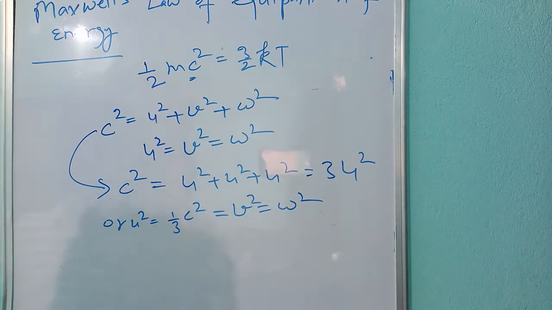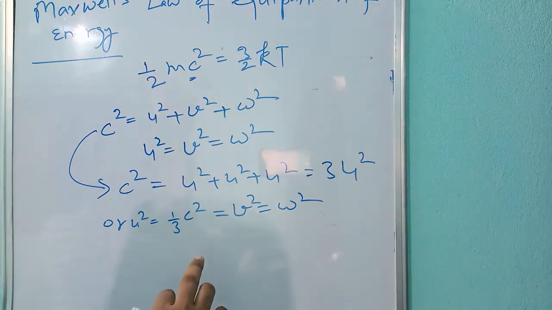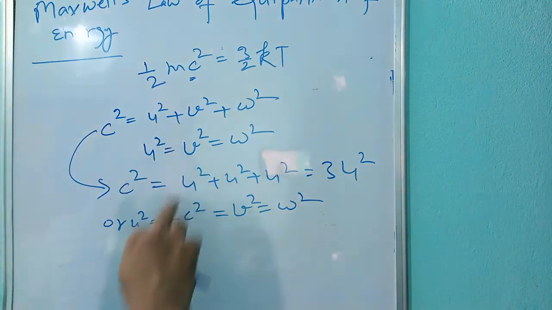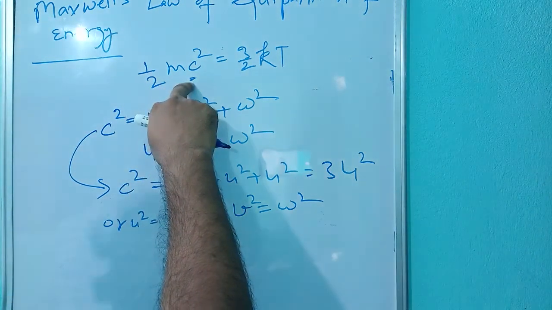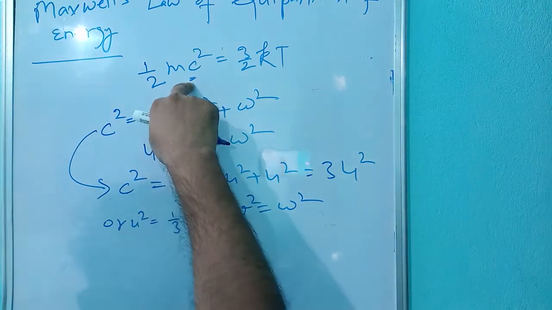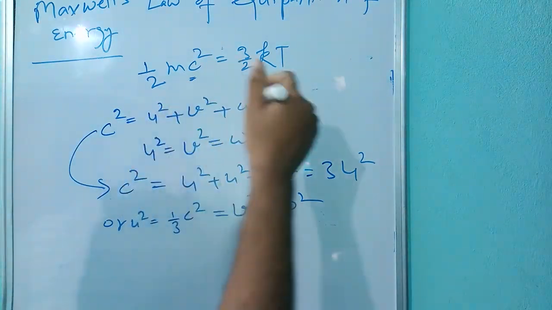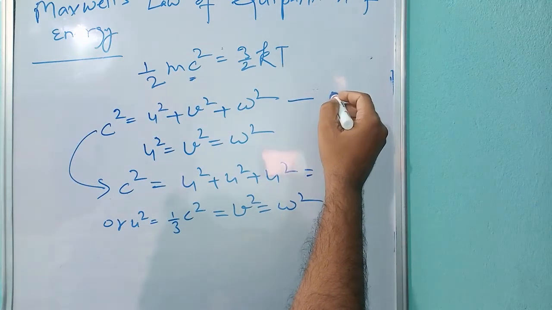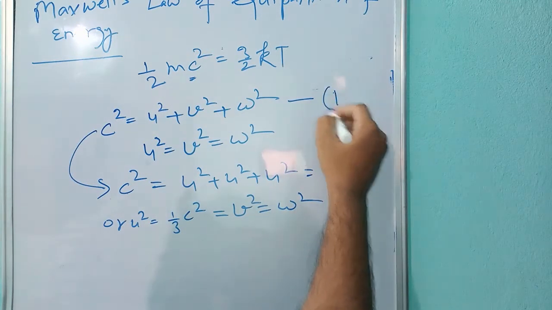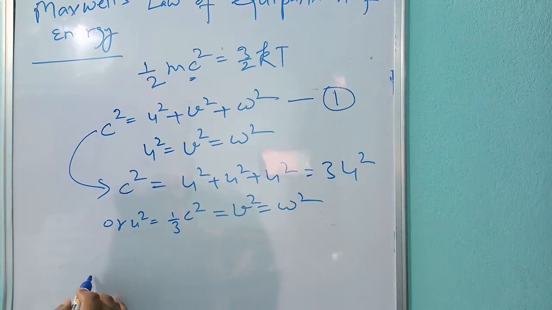So that part I am going to put here. Now I am going to take this one. This is equation number 8. So what will be equal to c square?